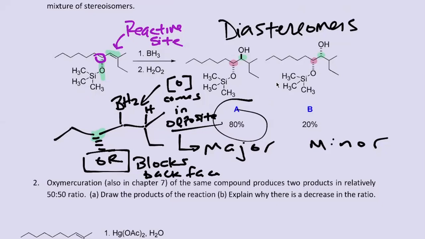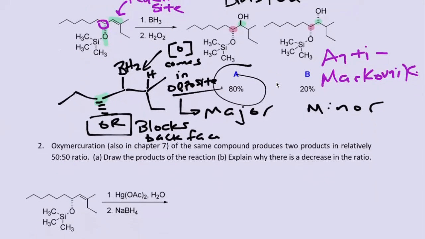And what's the term that we use for what you just said? The technical term. You said add the OH to the least substituted carbon and the H to the most. Anti-Markovnikov. Very good. Let me write that in here, if I can fit it. Anti-Markovnikov. So what other reaction was in that same class? We learned both of these reactions at the same time, right?